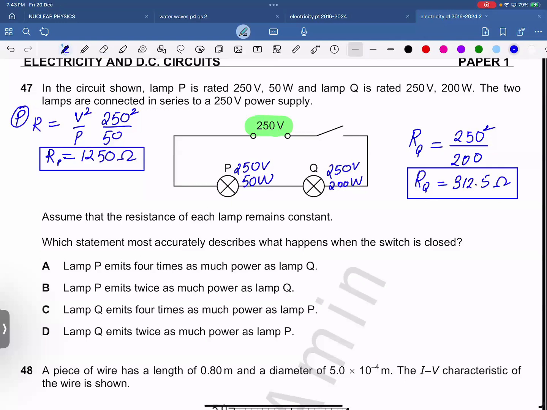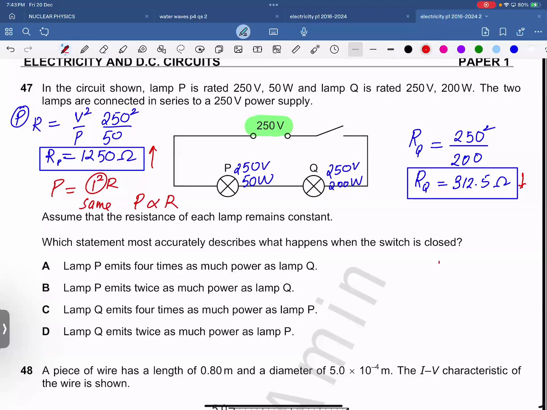I already told you, not possible. My current is the same, they are in series. So P is equal to I square R. Current is the same, so power emitted will be directly proportional to their resistance. So P has more resistance, more power.